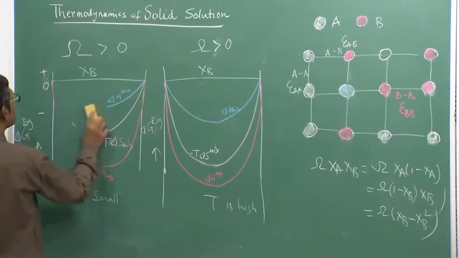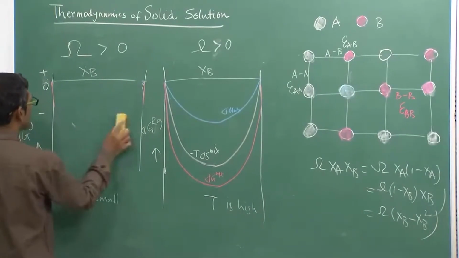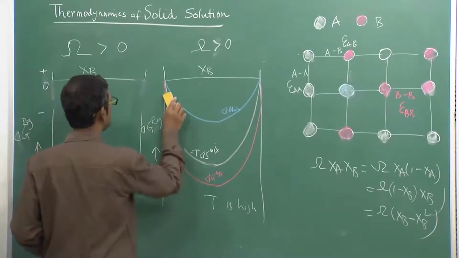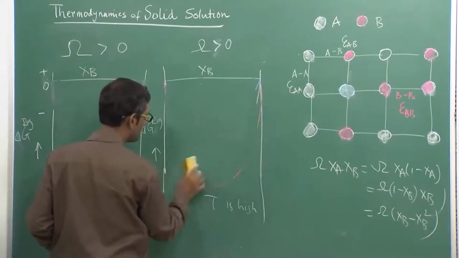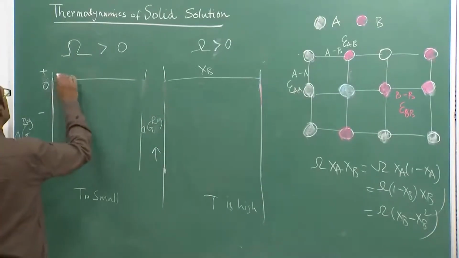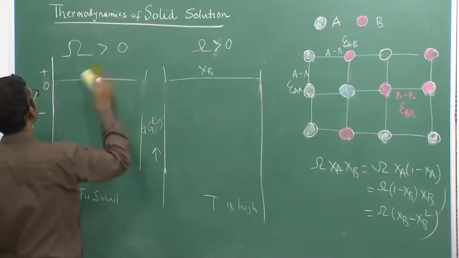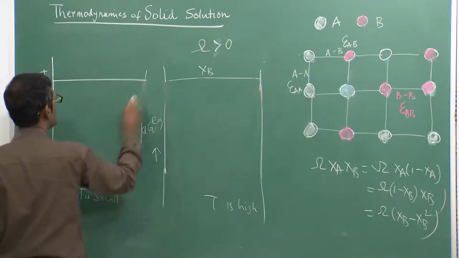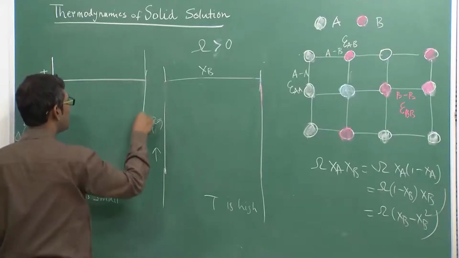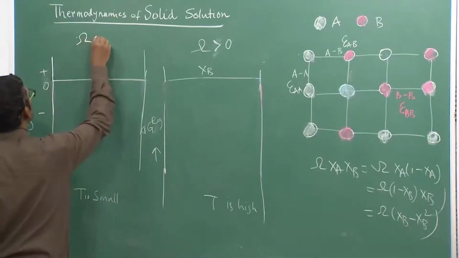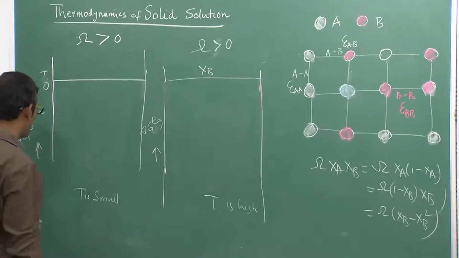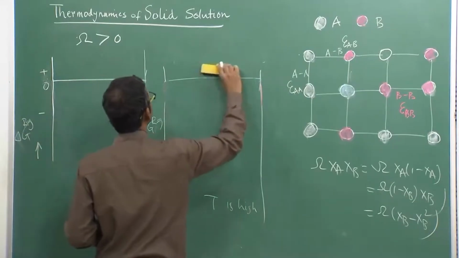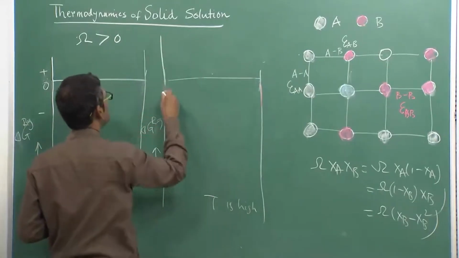So, I simply erase these color plots and make the same plots on these, so that you can follow it more. The only thing we have to do is increase the y axis, because now omega is more than 0, higher than 0. Therefore, we need to plot it on the positive axis also.